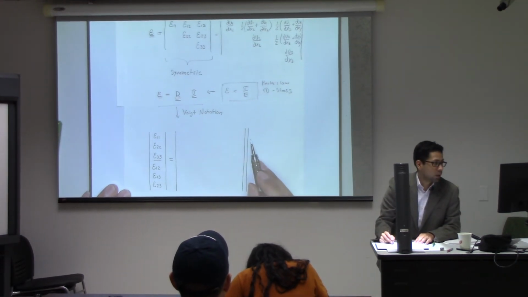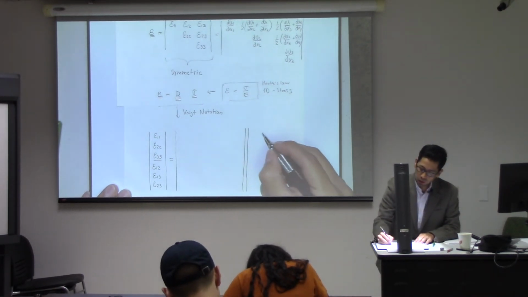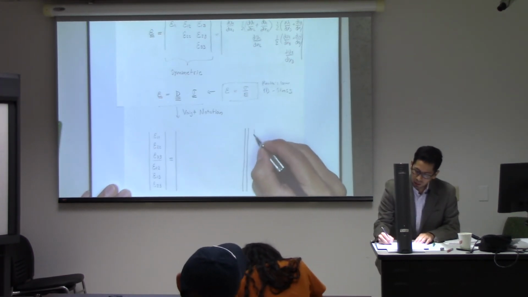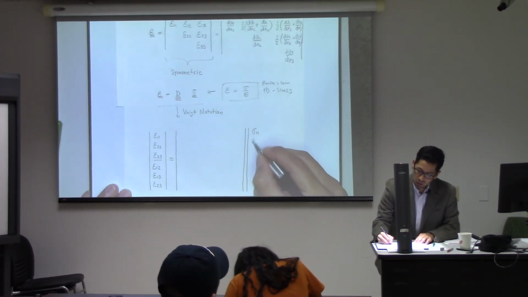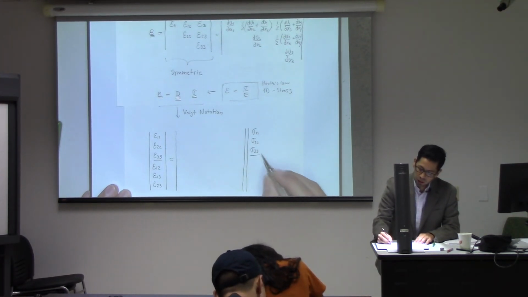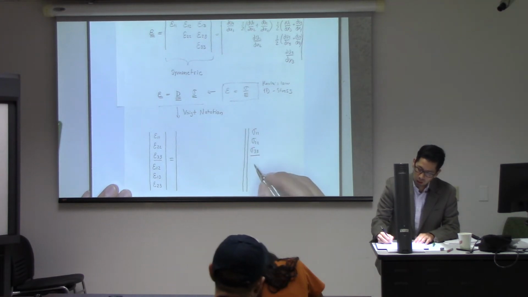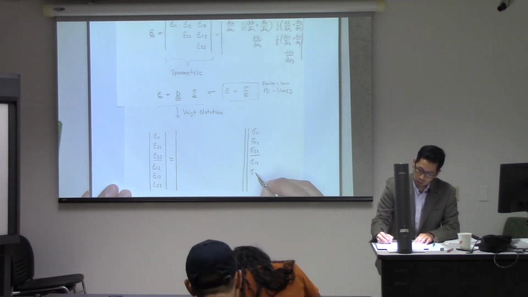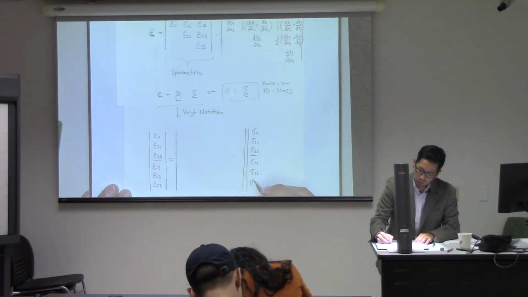But the same way with the strain tensor, with the stress tensor, here we're going to have sigma 1,1, sigma 2,2, sigma 3,3, and those are the normal stresses. And here we're going to have sigma 1,2, sigma 1,3, and sigma 2,3.